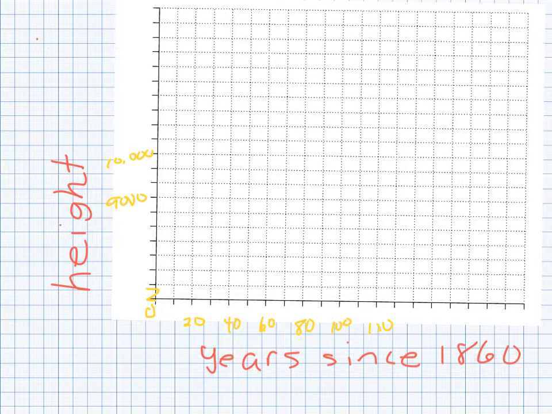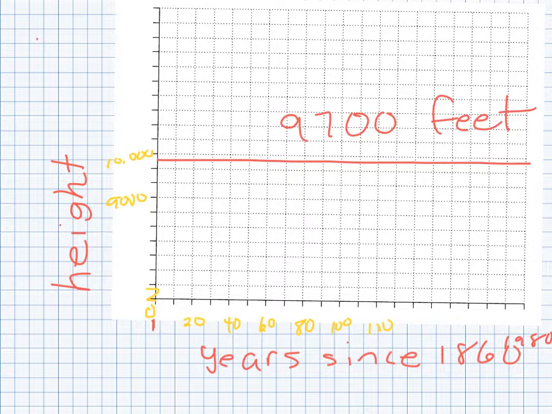And if you had the chart, you can see that the graph's going to be somewhere about in there. I think that's probably a little high for the number I wanted. But between 1860, which is what would start here, that's my 0 point, and 1980, the height was 9,700 feet.